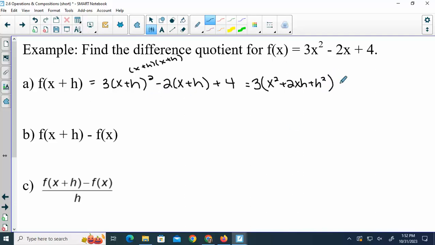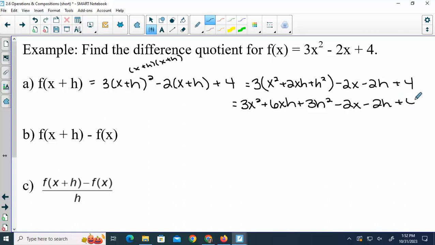For this one, if I distribute my negative 2, minus 2x minus 2h plus 4. Then if I distribute this 3, we should get 3x squared plus 6xh plus 3h squared minus 2x minus 2h plus 4.